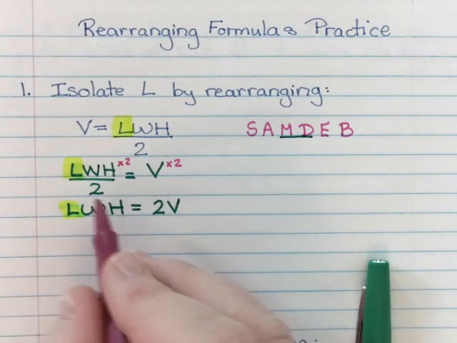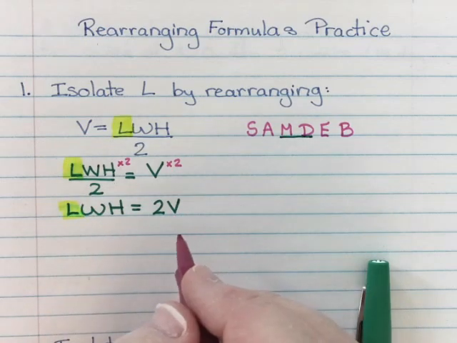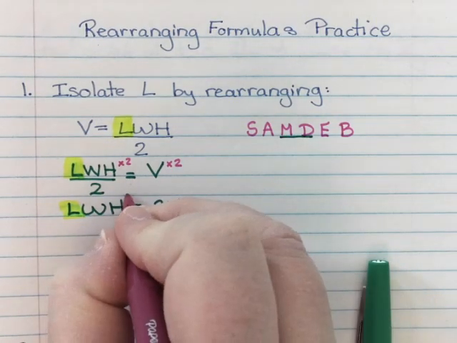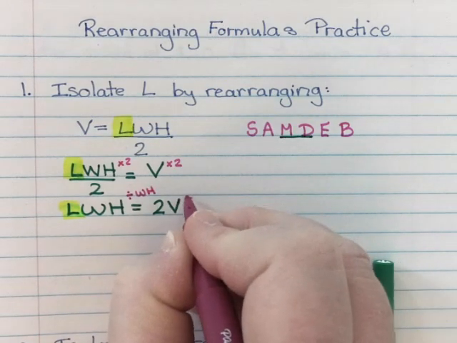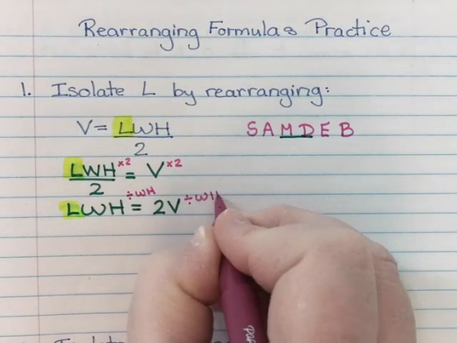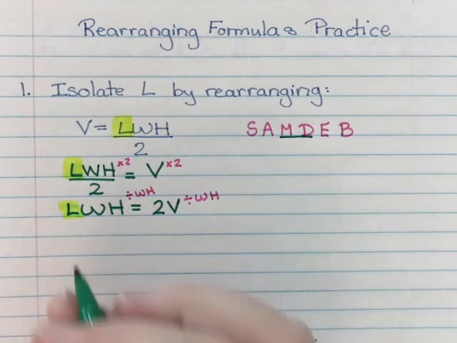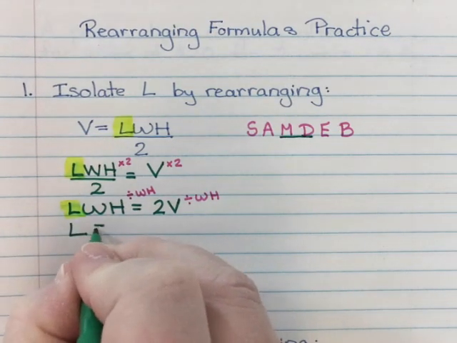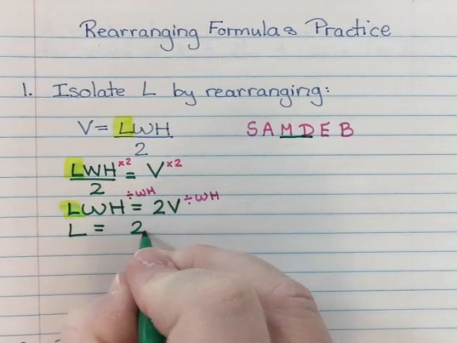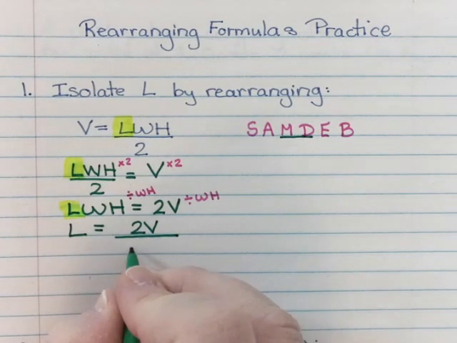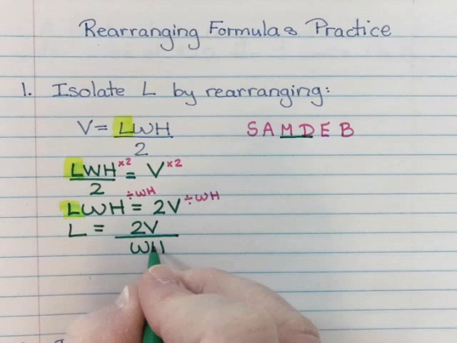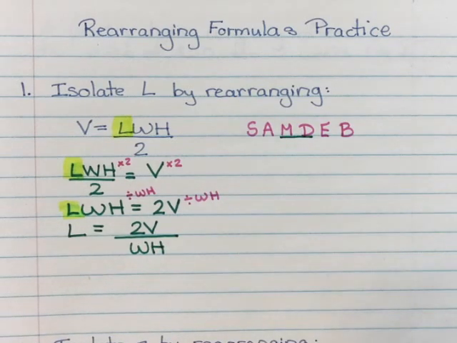I could either divide by H and then divide by W, or I could just divide by both W and H at the same time, which is what I am going to do. So I'm going to say that L, length, equals 2V, and then I like to write my division as a fraction, so divided by both W and H.